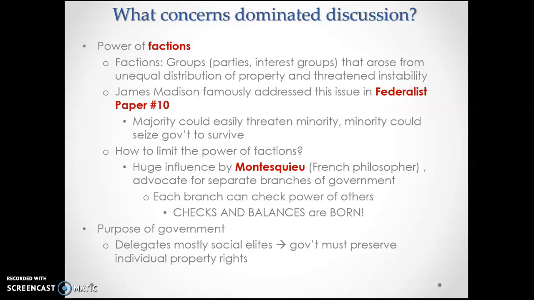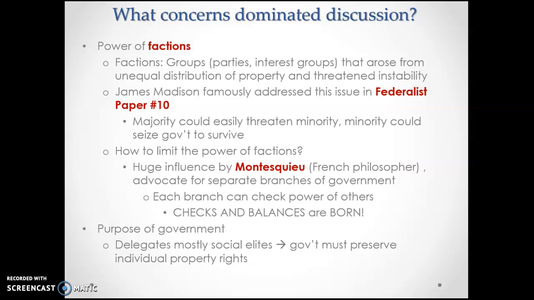And this is where we see a heavy influence of Locke, who basically argued that people surrender some of their natural rights in order to gain the stability and protections of government. And so Locke's a pretty loud voice in this debate on what is the purpose of government.